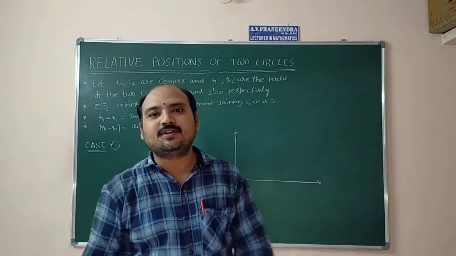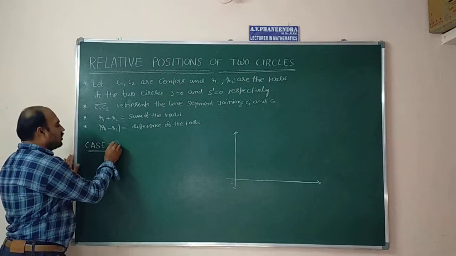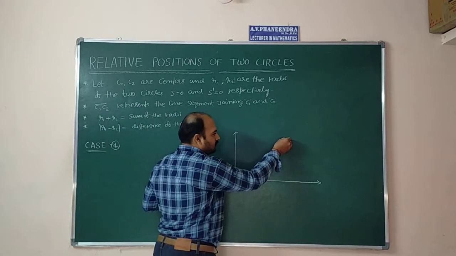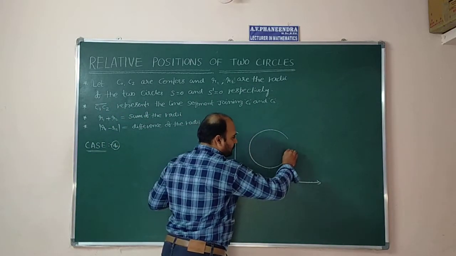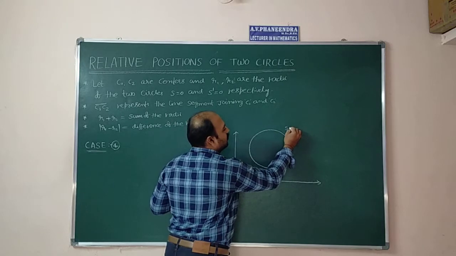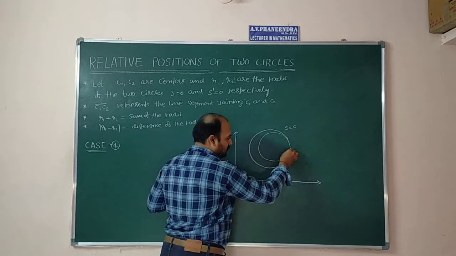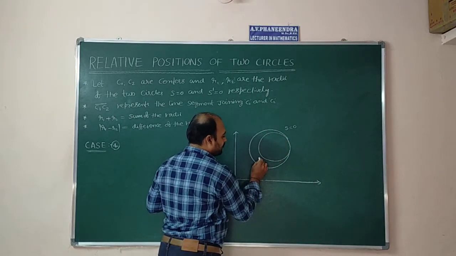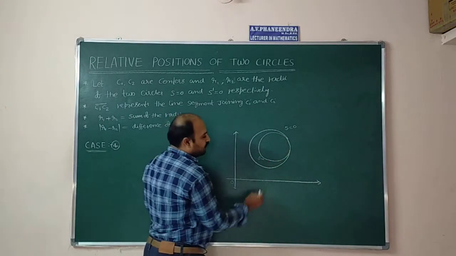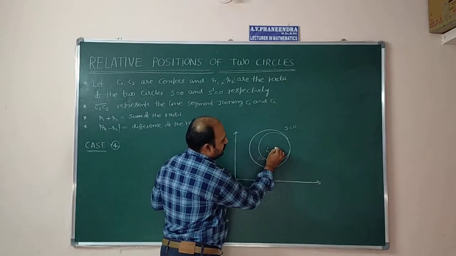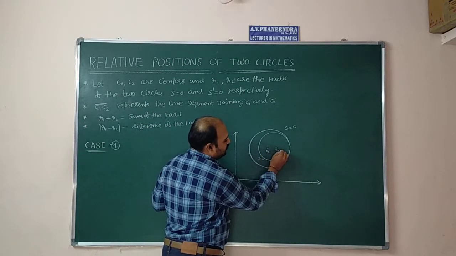Next, case number 4. In the fourth case, the first circle is S equal to 0 and the second circle is like this, S dash equal to 0. This is the first circle center C1, this is the second circle center C2.